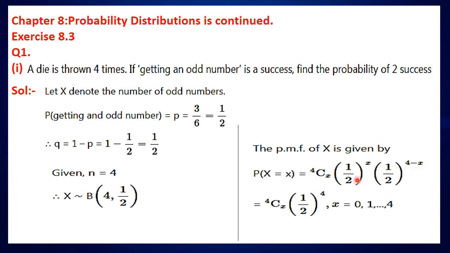That is, 1 by 2 can be combined here. So 4Cx into 1 by 2 raised to x plus 4 minus x. So x will get cancelled and only 4 remained here. And the values of x vary from 0 to 4, that is the number of successes can be 0, 1, 2, 3 or 4.